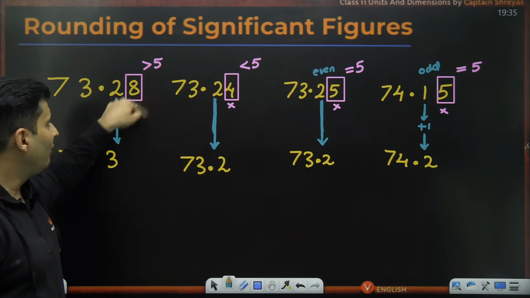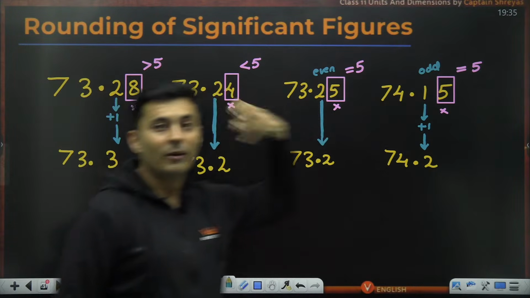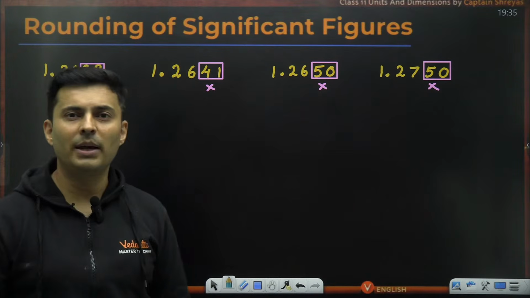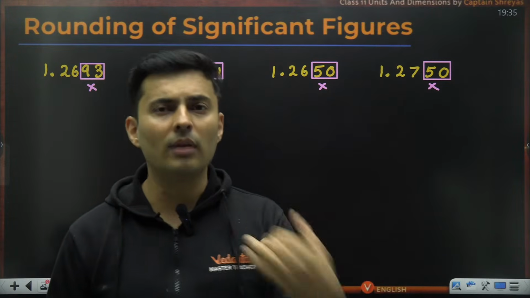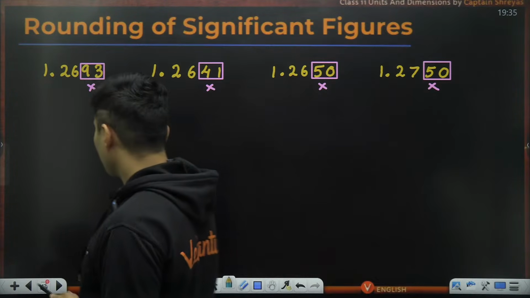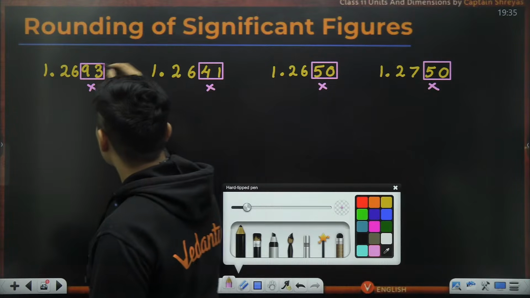When you want to get rid of one digit, you are comparing it with the number 5. Now think logically. If you want to get rid of 2 digits, will you still compare it with 5? A 2-digit number will almost always be more than 5. No, you will compare it with the number 50. Here you will compare it with 50.